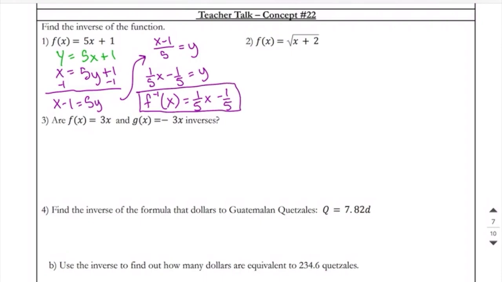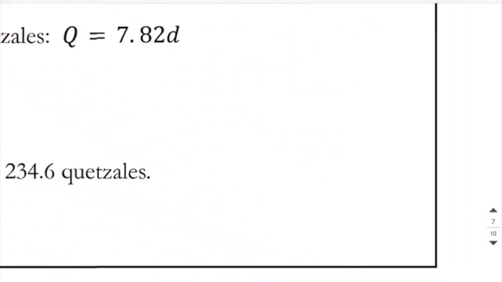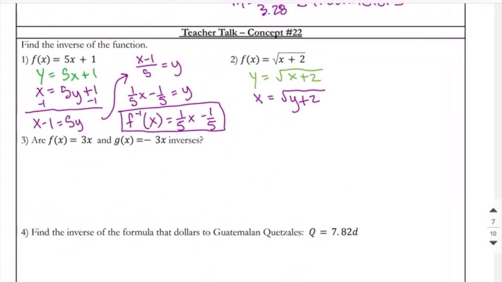On number 2, we're going to do the same thing. We're going to rewrite it so that it says y equals. Then we're going to switch x and y and solve for y. To solve for y here, we need the radical by itself.